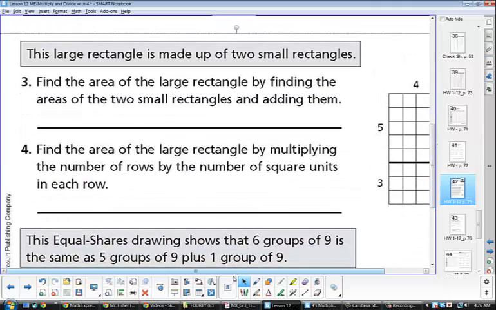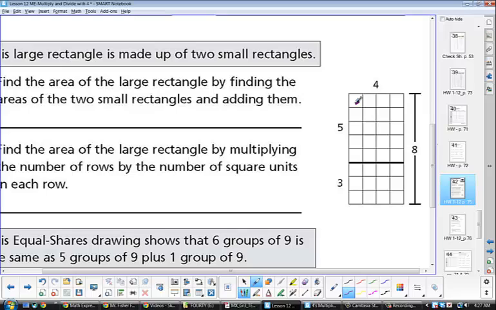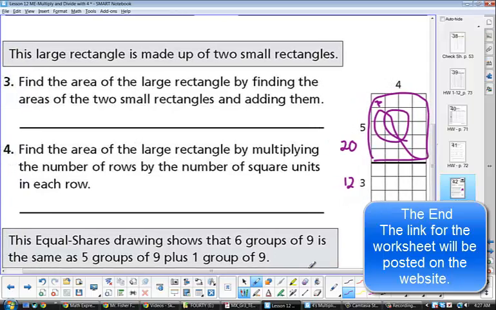We want to do 3 and 4, and we want to figure out what that is. And I would suggest you color in those squares so you know that. That total equals 20. Then you add 3 times 4 to that, so you have 20 plus 12. And this is one strategy you can use to put them all together.